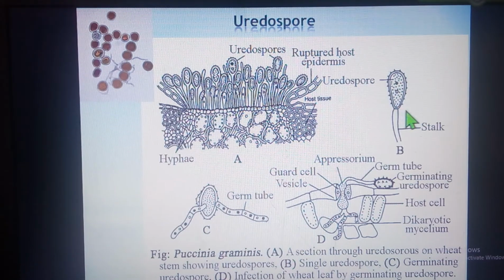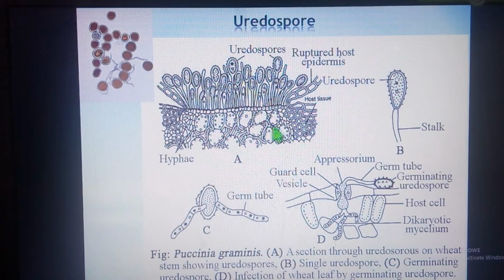It is a single cell, oval in shape and brownish in color, but it is binucleate. The urediospores usually develop in groups under the epidermis, called the uredosori.